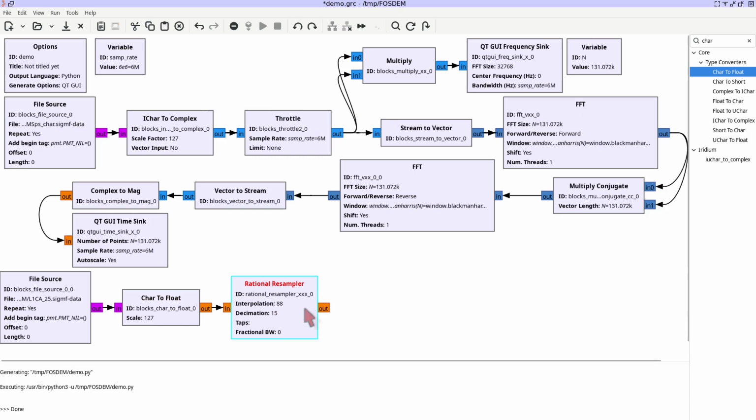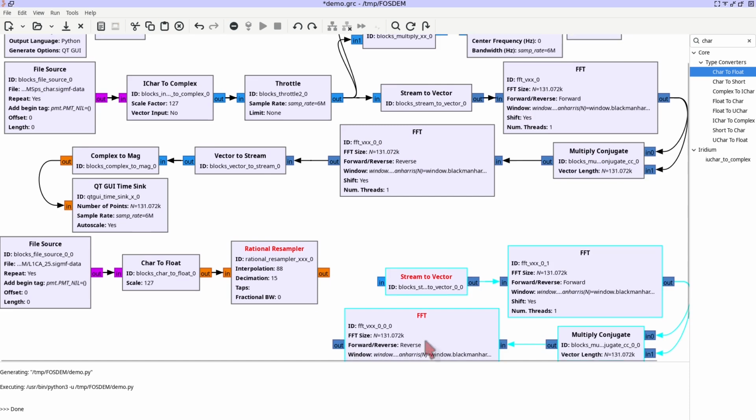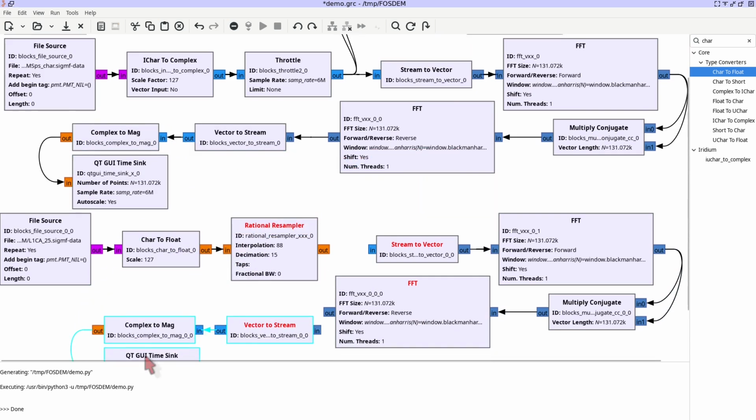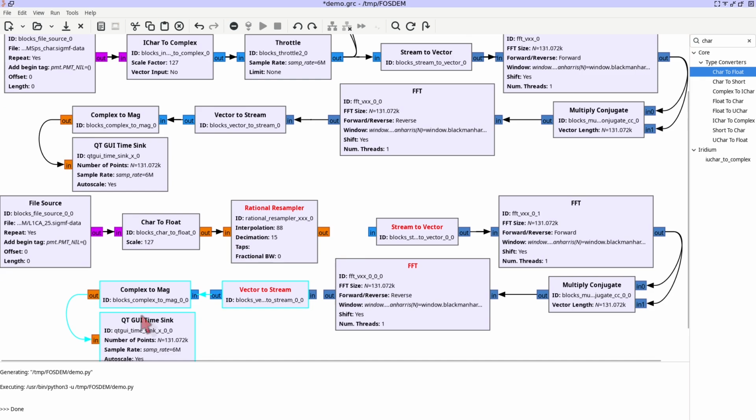Once we have a rational resampler, we do the exact same thing as we did earlier. So we take the Fourier transform, we cross-correlate, and we go back into the time domain. So we're going to use these blocks to complete the cross-correlation as we did earlier.